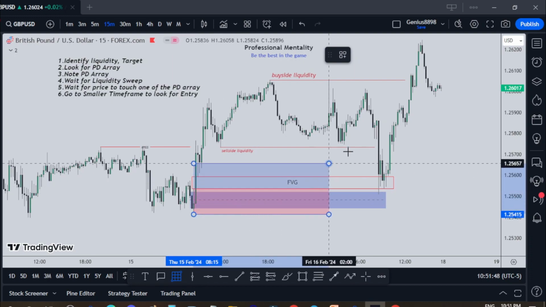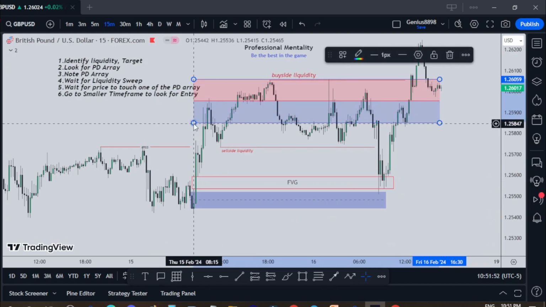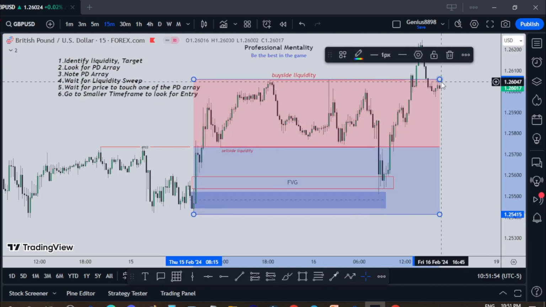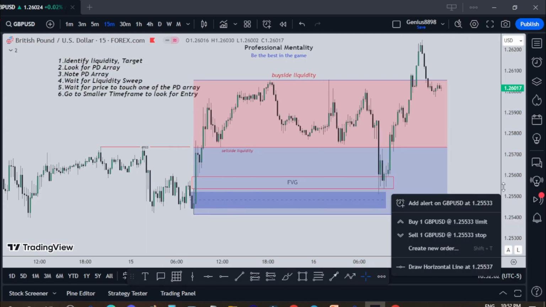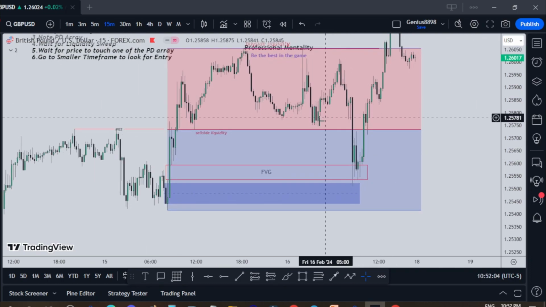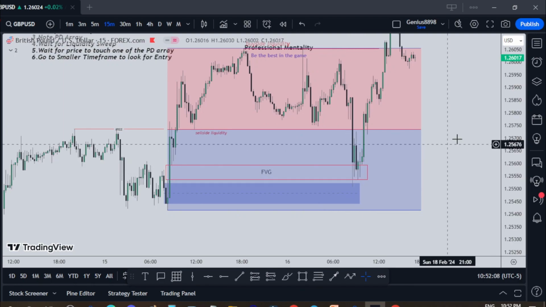You can put it from the low to the top. Sorry, you're going to flip it. We want the colors to match, so we use it like that. So we have a premium array above, we have a discount array below.